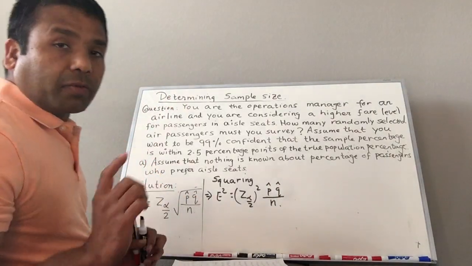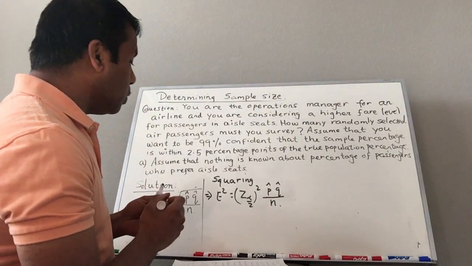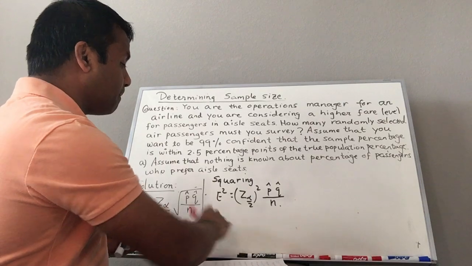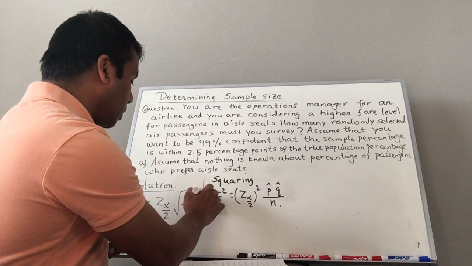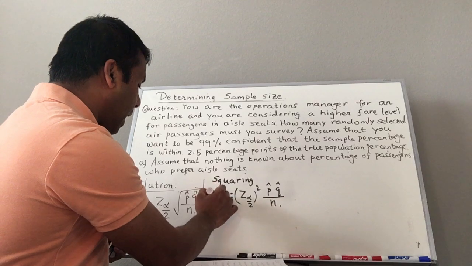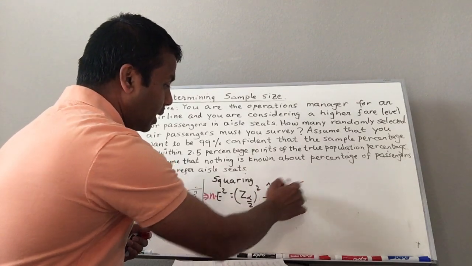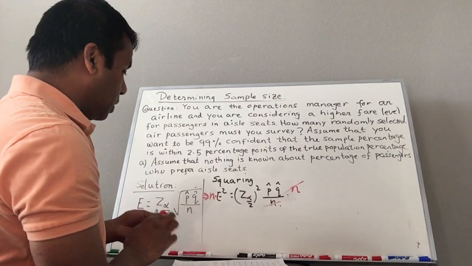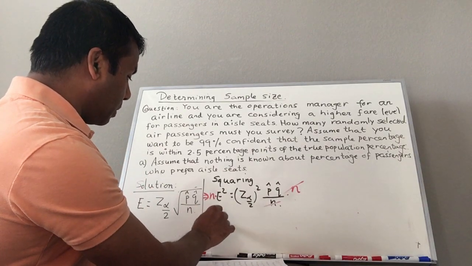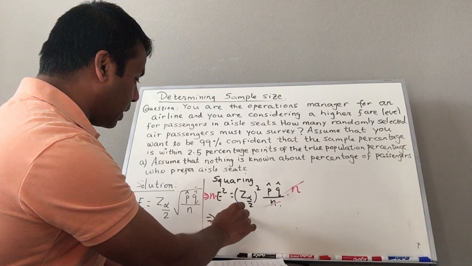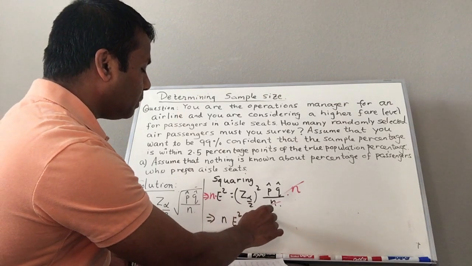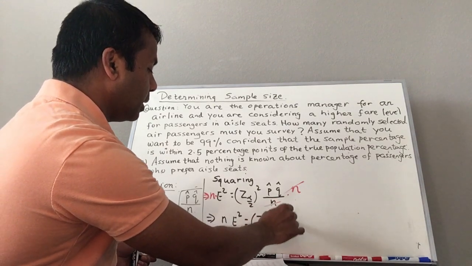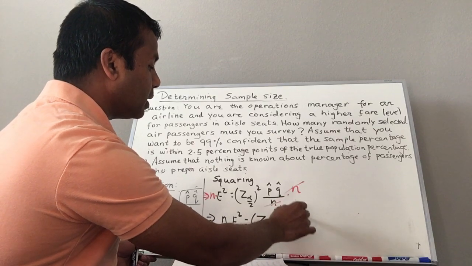So here you are going to solve for n. You multiply both sides by n, and you can cancel n on the top and on the bottom. So you will have n times E squared equals z sub alpha over 2 squared times p hat q hat.